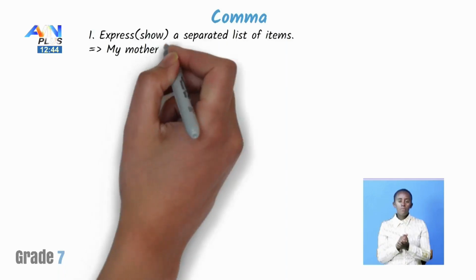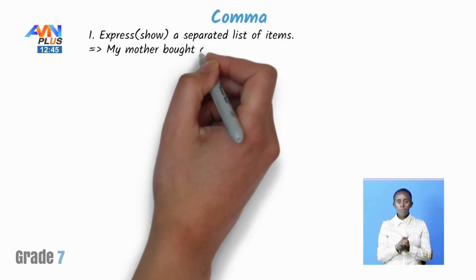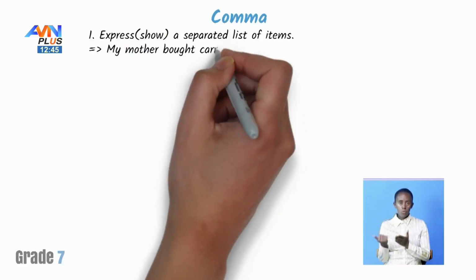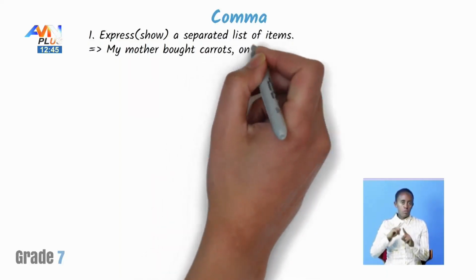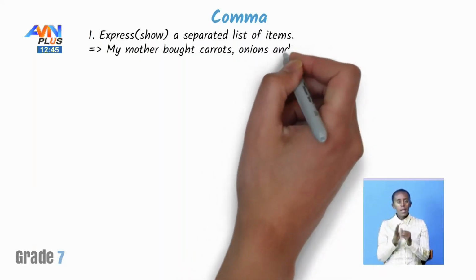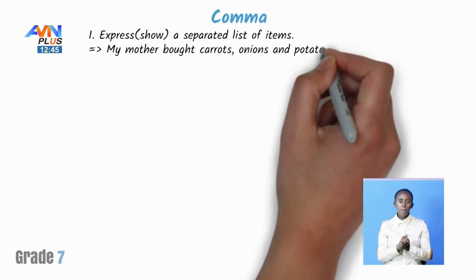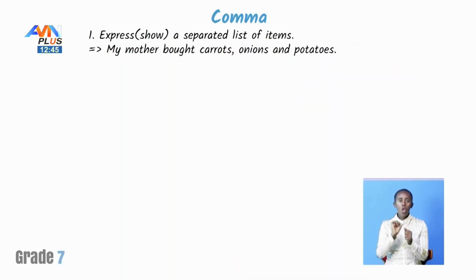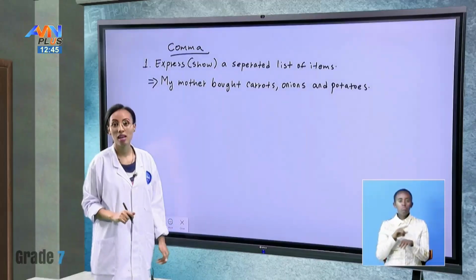My mother bought carrots, onions, and potatoes. If you see here, we have used what?